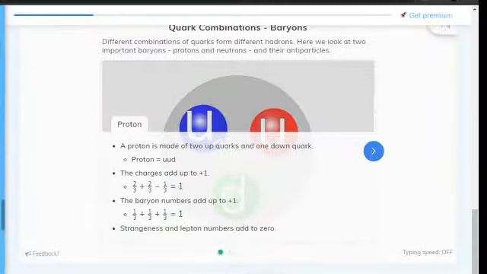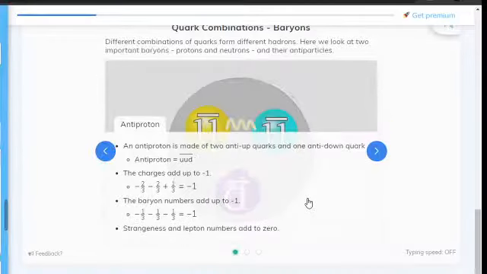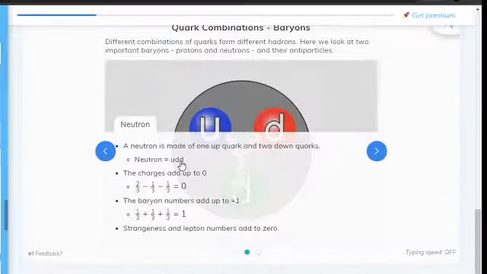So for the next one is antiproton, which obviously has a charge of -1, so it has the opposites. So the antiparticles of -2/3, -2/3, and then +1/3 would give -1. Next, neutron is a mix of an up and 2 downs.